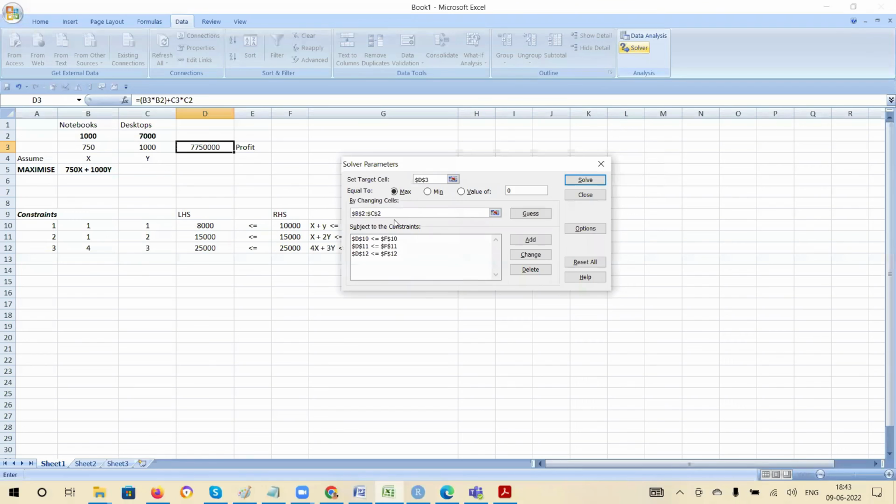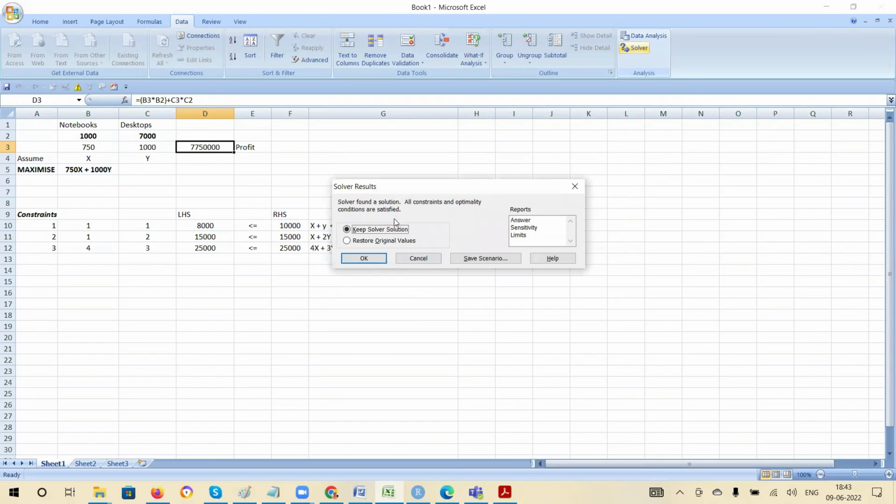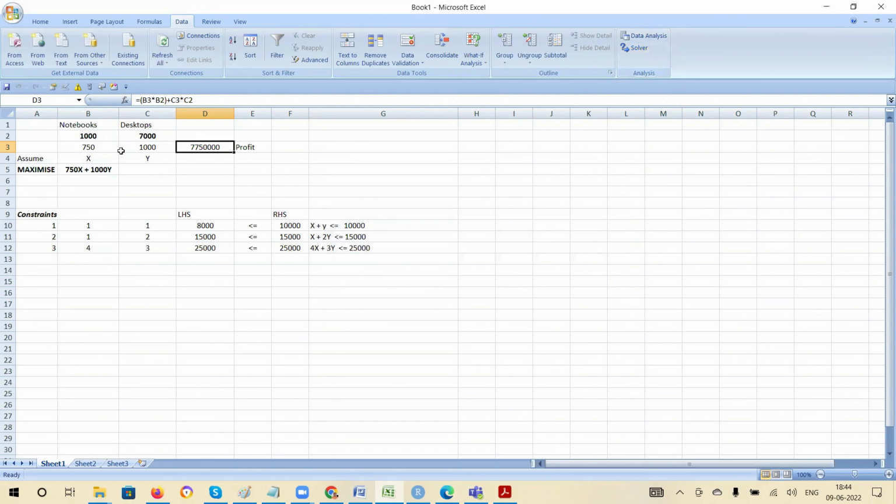Okay, and then maximize to what? Maximum of D3. Okay, by changing what? Which cells do you need to change? We need to change these two cells. And these are the constraints that we created. You just say solve, and Solver will solve, and you can say okay, so you have the answer. It says this is what you need to make, and the maximum profit you can get is this. You can't get more than this profit.